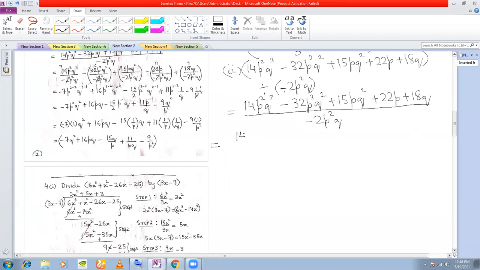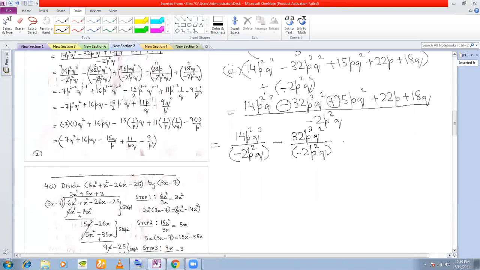We have 14p²q³, right? And what is your divisor here? The divisor here is minus 2p²q. You take this minus sign, write it here: 32p³q² divided by minus 2p²q.